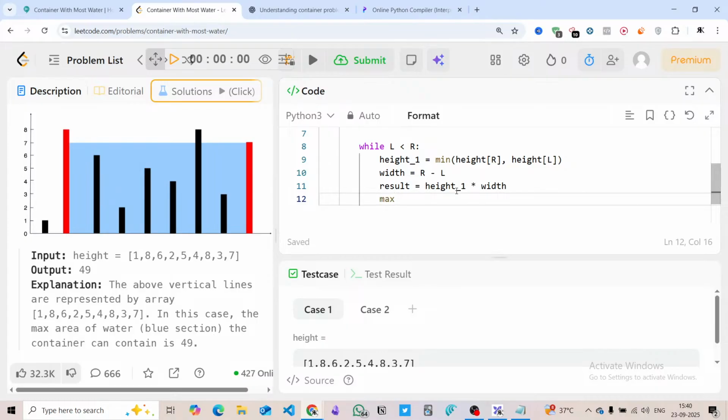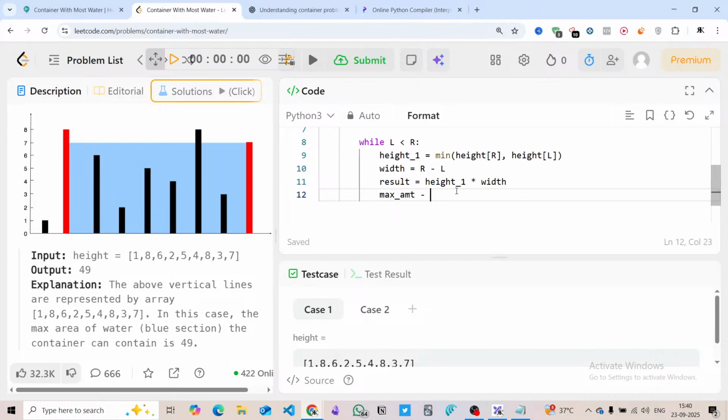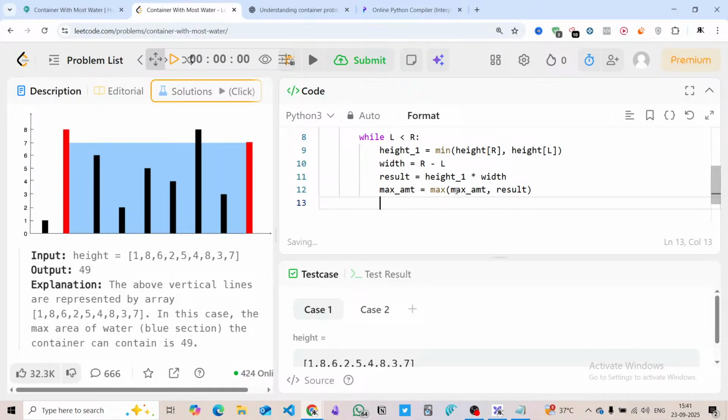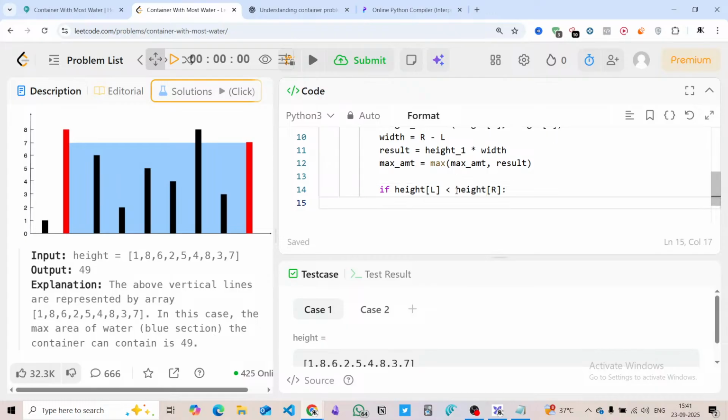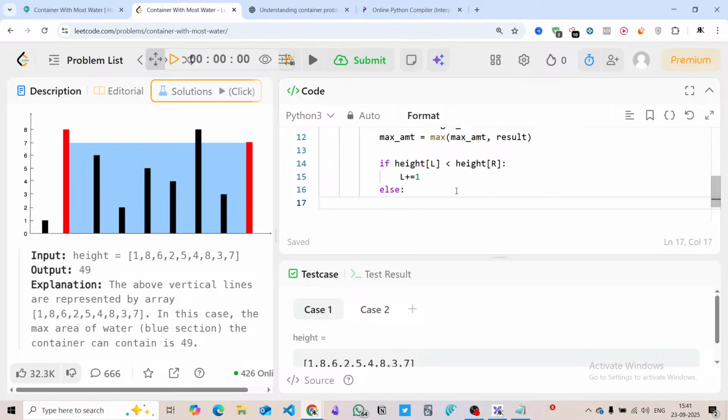Then we need to max out: max is equal to the maximum of max and result. After finding max we need to move. So if height of L is less than height of R, then we need to move L plus equal to 1. Else we need to move R minus equal to 1.